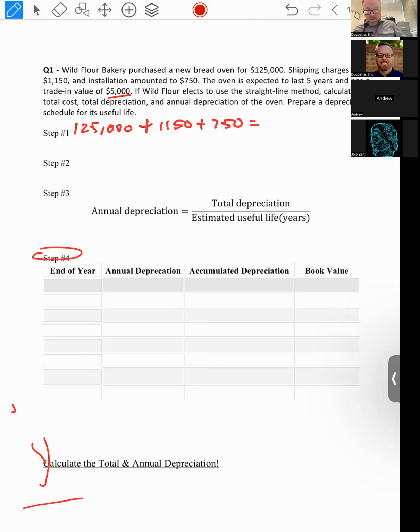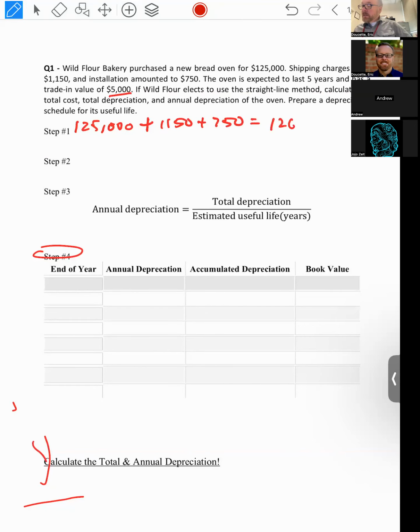So we're going to add all those up, and that comes out to $126,900. And then step 2 is to figure out the depreciation. So I'm going to minus that 5,000 from this. So that means it's going to have a total depreciation of $121,900.